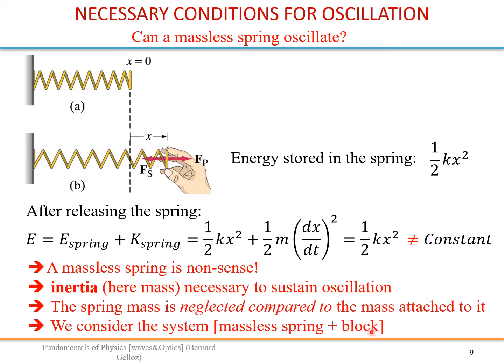Of course, we could solve the equation with a spring which has some mass, but it's very complicated, and we don't need that to understand the physics. So we only consider a so-called massless spring plus a block.